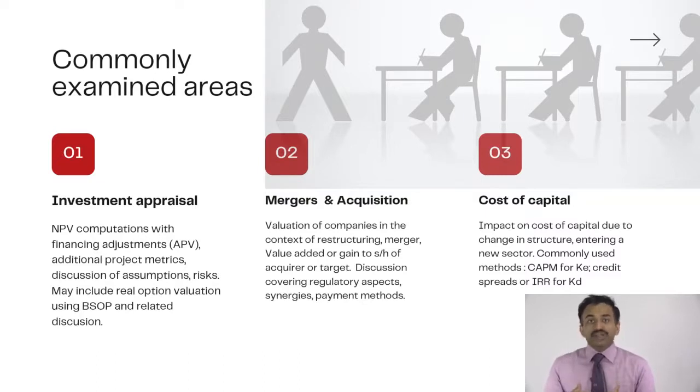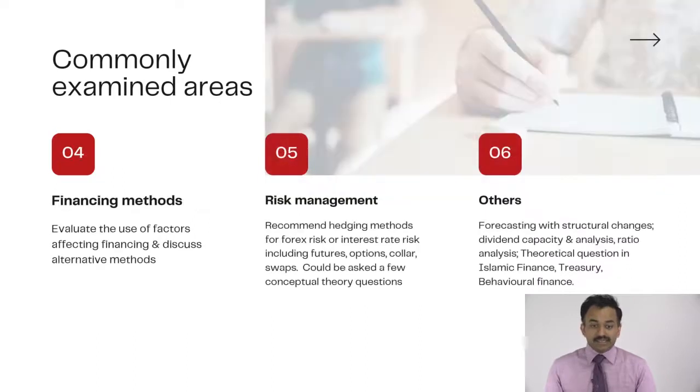You will also need to be equipped with the skills to calculate the cost of debt of a company using methods like IRR or credit spreads. Further, you will also be asked questions, primarily discursive ones, where you will need to talk about the different financing methods that a company can consider, and what the factors are that will affect the mode of financing a company uses.